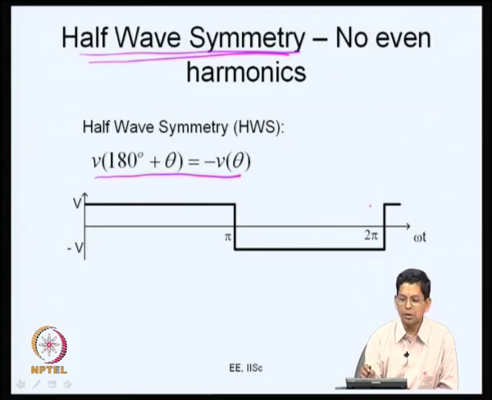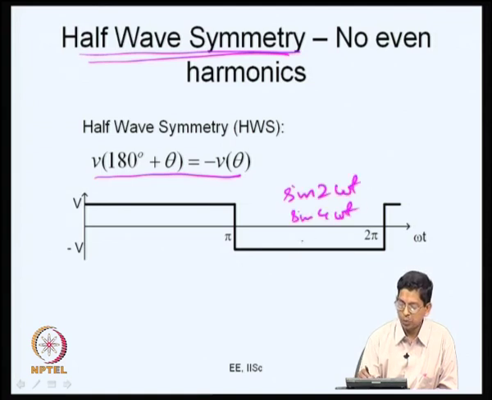So, half wave symmetry basically means no even harmonics. If you multiply this waveform by sin 2 omega t, or sin 4 omega t, or sin 6 omega t, or anything like that, and integrate it over a cycle, you will find that the product has 0 average.